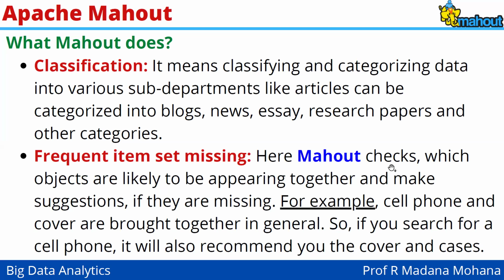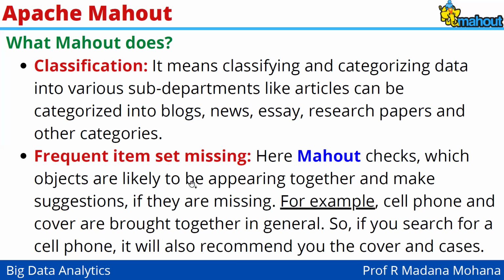Here Mahout checks which objects are likely to appear together and makes suggestions if they are missing. For example, cell phone and cover are bought together in general. So if we search for a cell phone, it will also recommend the cover cases in Amazon or Flipkart.